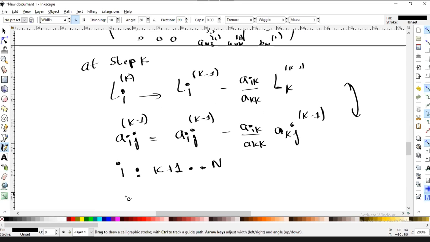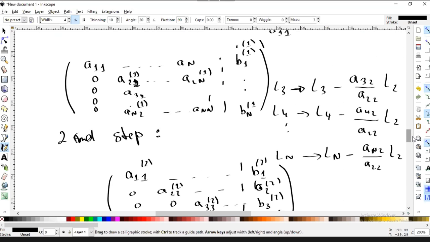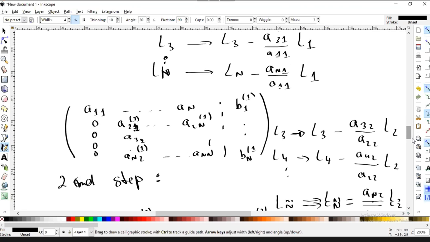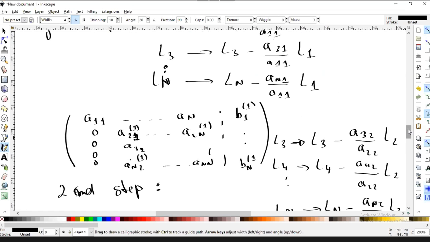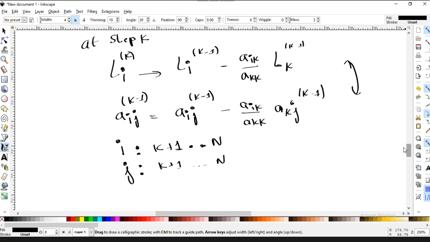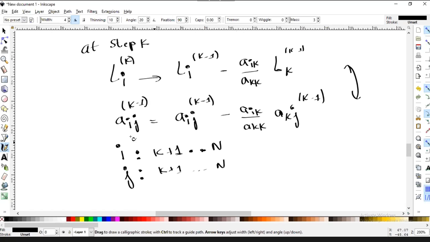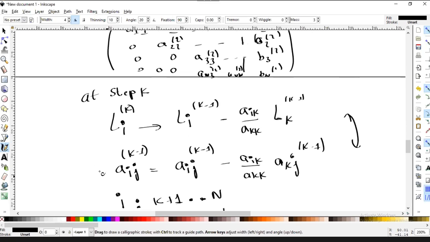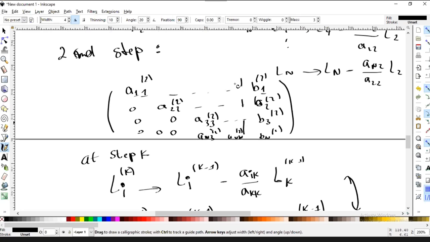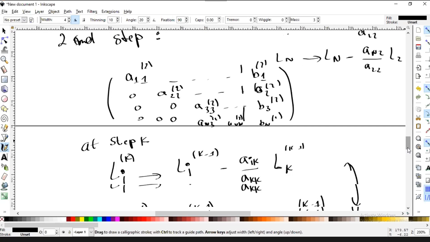As for the index J, it goes from K plus 1 till N. So it's the same thing. And this applies to the vector B. If you want to change the vector B, you can use this same formula if you augment your matrix in your program and add the column here.